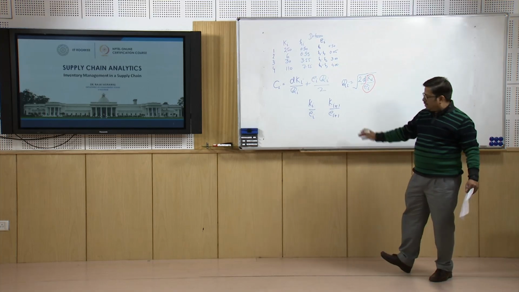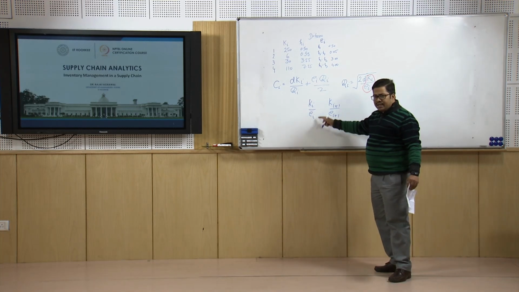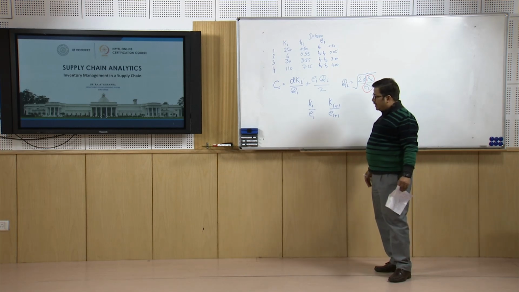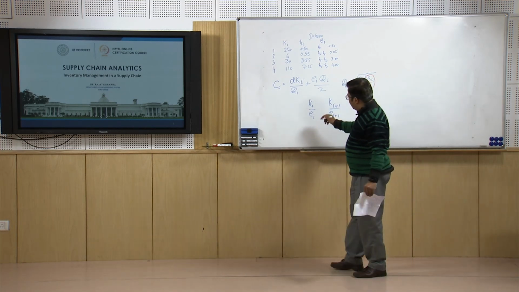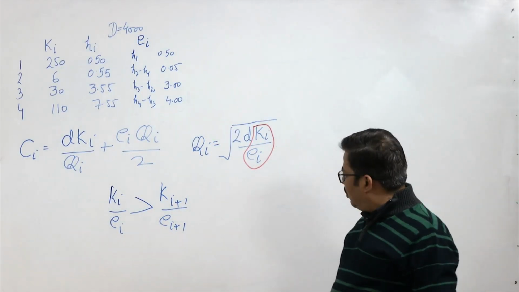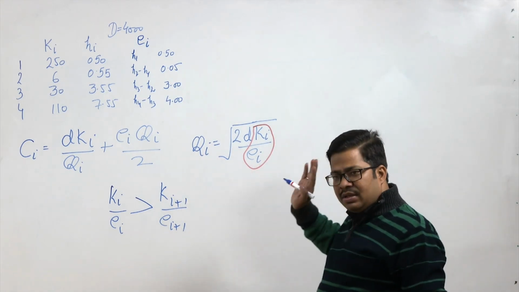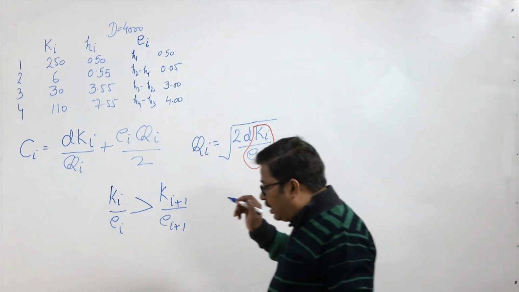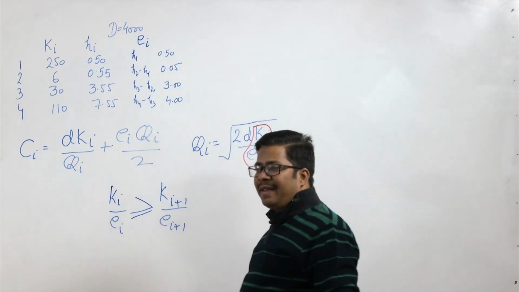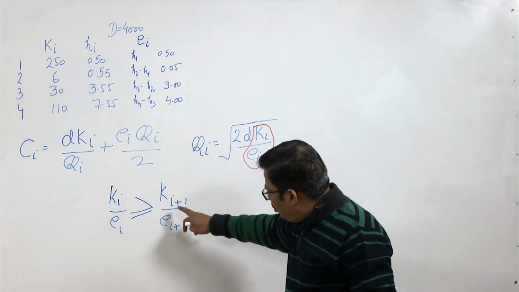If you see this comparison of K upon E for 2 stages, the ith stage and the successive stage, and Ki upon Ei is more than this, what will happen? Qi will be more than the next stage, that is desirable. Or the last possibility is that it is equal to this. So in this case Qi will be equal to Qi plus 1.